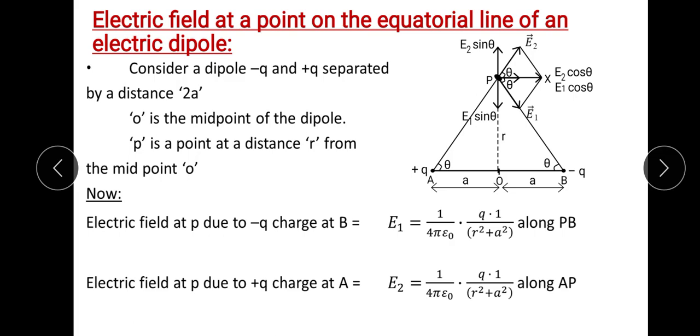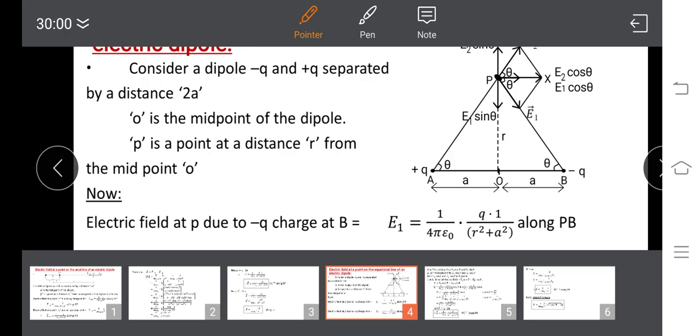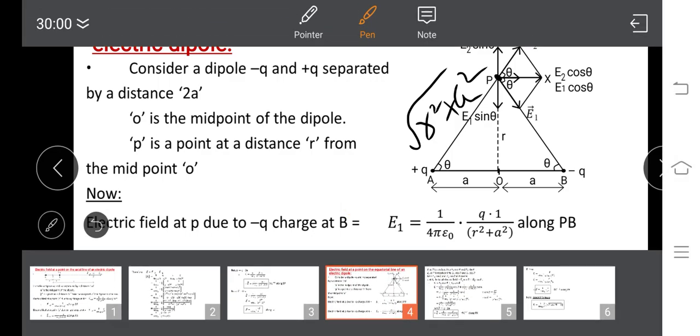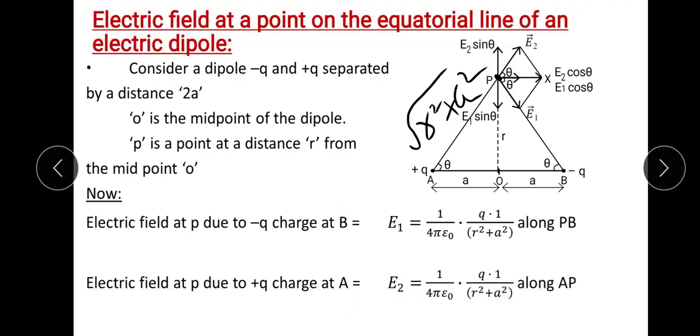According to Pythagoras theorem, this diagonal side must be equal to root of r square plus a square. Now, the point P is at the same distance from either of the charges. So from A to P or from B to P, the distance is the same.